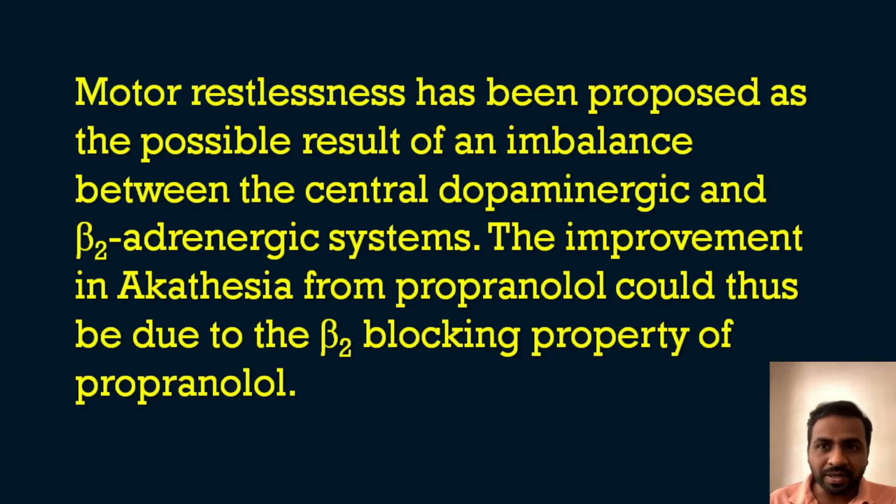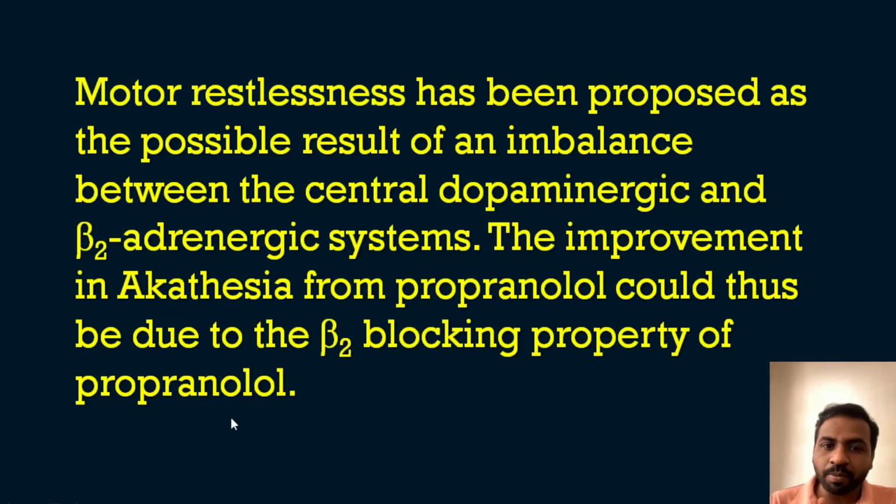This motor restlessness has been proposed as the possible result of an imbalance between the central dopaminergic and beta 2 adrenergic systems. So the improvement in akathisia from propranolol could be due to the beta 2 blocking property of propranolol.